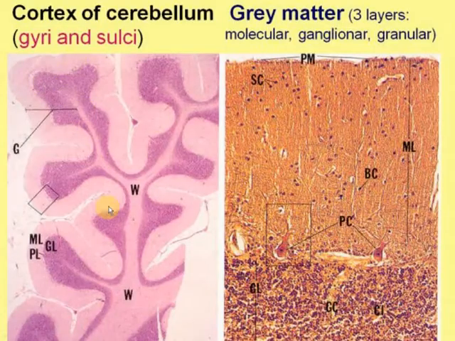At low magnification you can see the white matter which enters inside every gyrus, and gray matter covers the surface from outside. Gray matter consists of three layers: the outer molecular layer, it's here, the middle ganglionic layer, and the inner granular layer.